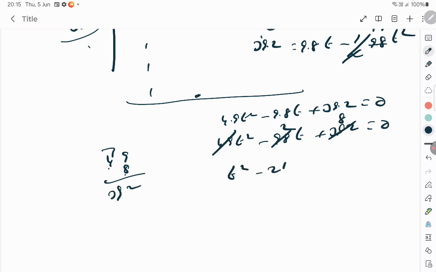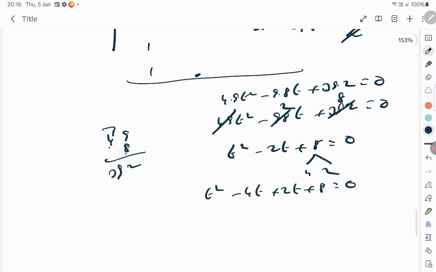So t square minus 2t minus 8 is equal to 0. 4 2s are 8 will get you that. T square minus 4t plus 2t minus 8 is equal to 0. Huh? Something is wrong. Am I writing correctly? 49 8s are 392, so t square minus 2t minus 8 is equal to 0. Perfect. This till here is correct only.